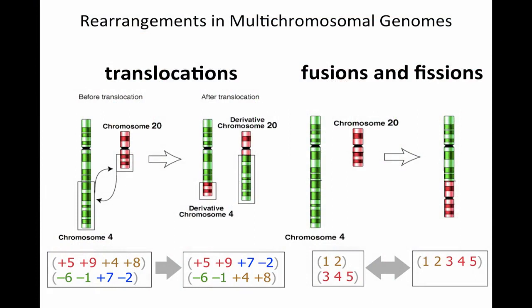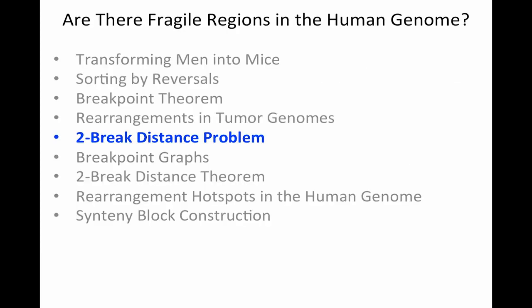For example, humans have 23 chromosomes, but chimpanzee, orangutan, and gorilla have 24 chromosomes, because a few million years ago, two chromosomes in human-chimpanzee ancestors were fused together into a single chromosome in human.